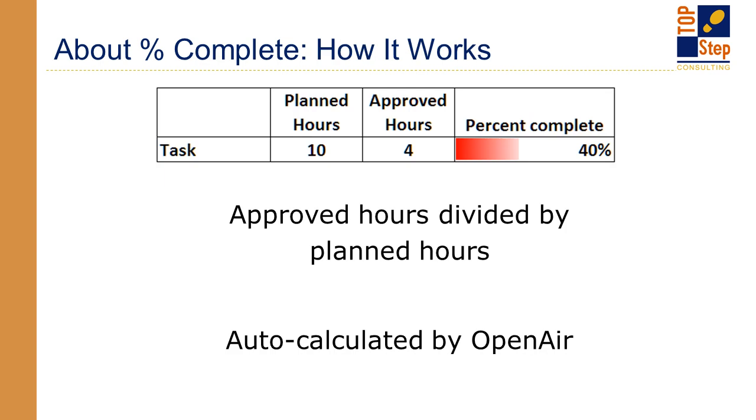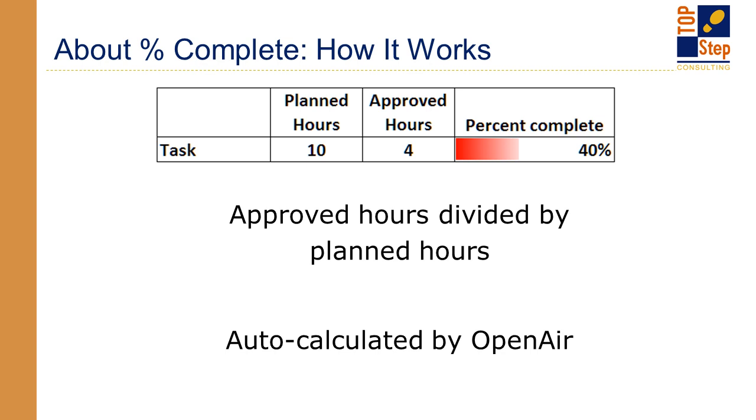The simplest application of percent complete, again, is approved hours divided by planned hours. And just because a task has 10 hours, for example, there's nothing preventing the timesheet from allowing hours over that. So if someone were to log 20 hours, it's still going to allow those hours to be put in there.